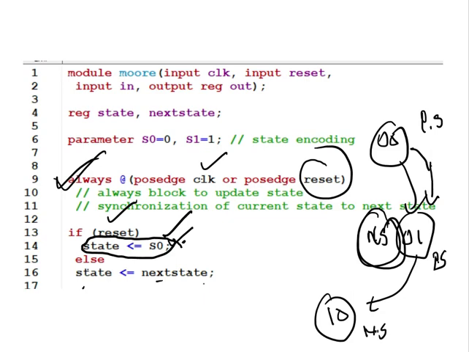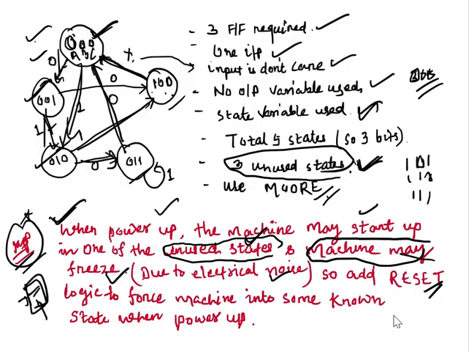In order to avoid that situation, we use a reset signal, a reset pin. If you add a reset pin, it definitely adds extra hardware. But to avoid this situation, we add reset logic to force the machine into some known state at power up.